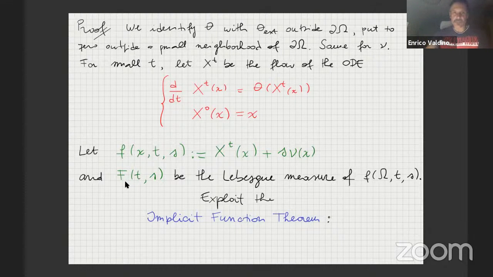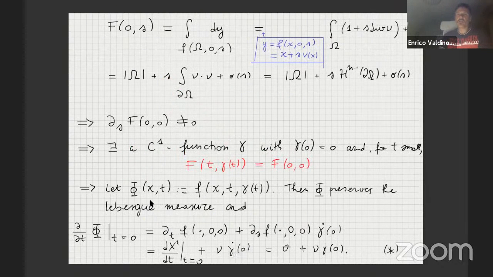Of course, I define big F of t and s to be the Lebesgue measure of the image of omega under the function that depends on t and s. And I use the implicit function theorem, okay? So I'm able to go down with the page.